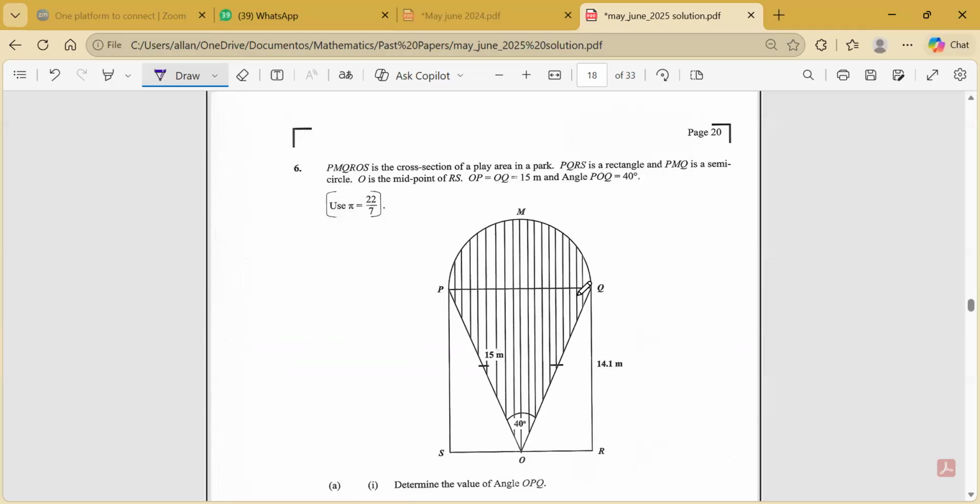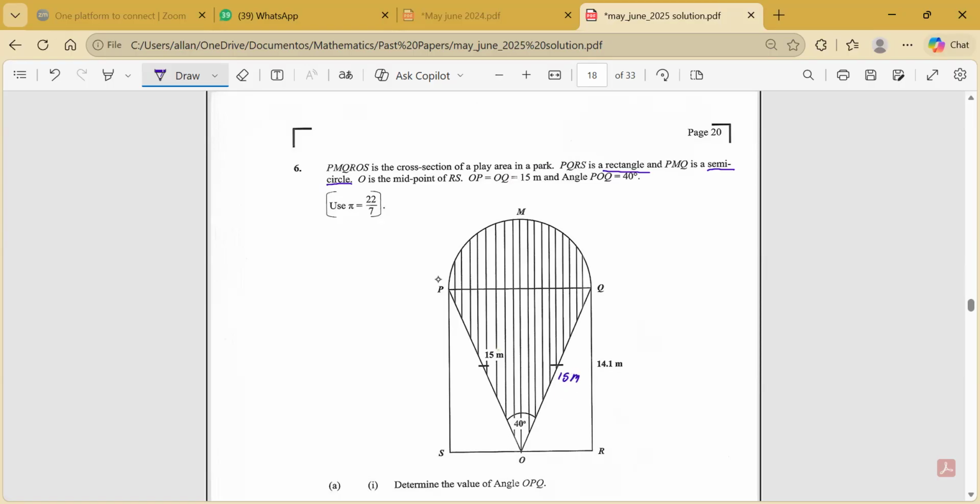So you have a rectangle here, and a semicircle, which is half of a circle. They are saying that O is the midpoint of RS. OP and OQ is 15 meters. So they already placed it, 15 meters.